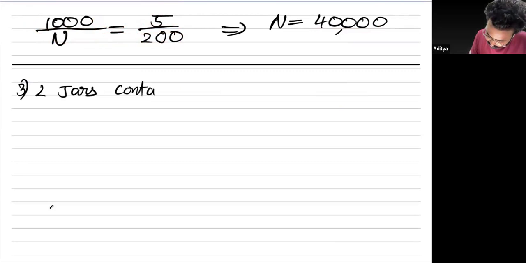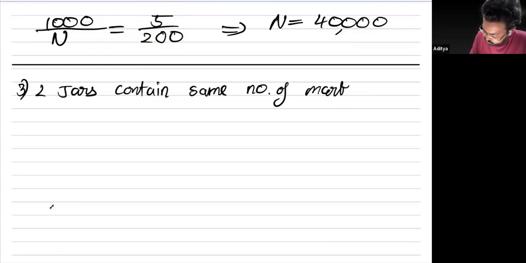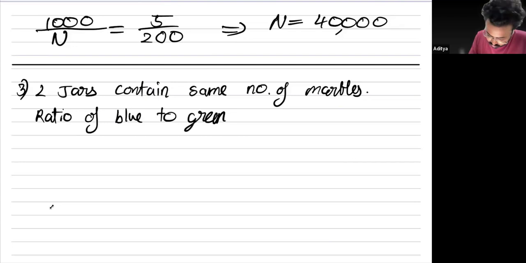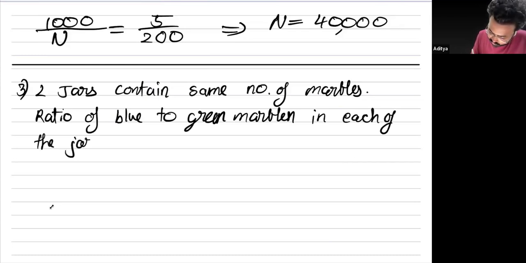Okay, two jars contain the same number of marbles. The ratio of blue to green marbles in each of the jars is 9 is to 1 and 8 is to 1 respectively.